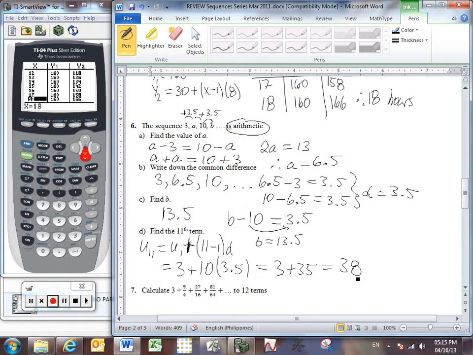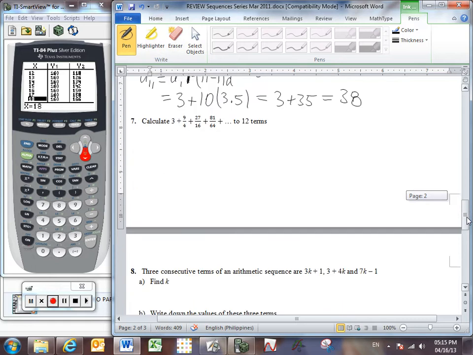Let's go on down to number 7. All right, we need to calculate the sum of these 12 terms.